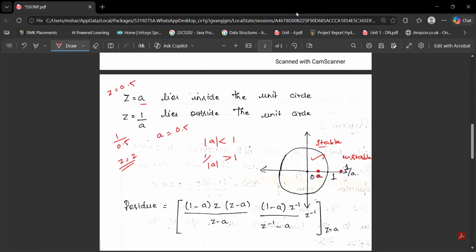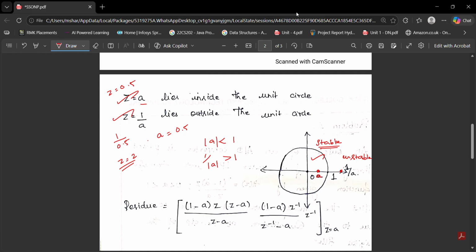The values inside the unit circle will contribute to the system, and the values outside will not contribute anything. So I am going to consider only the values which lie inside the unit circle. Here the a value is inside the unit circle, and 1 by a is outside the unit circle.